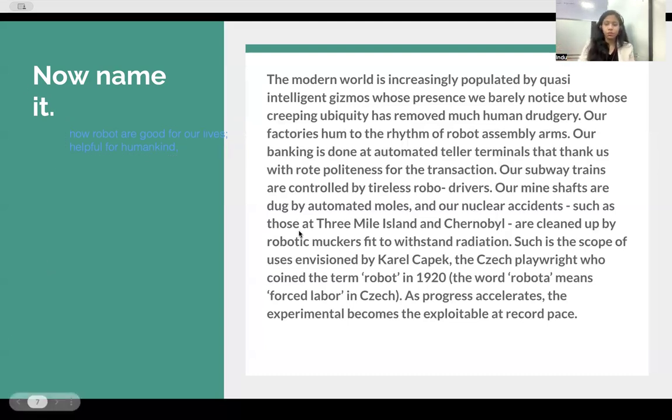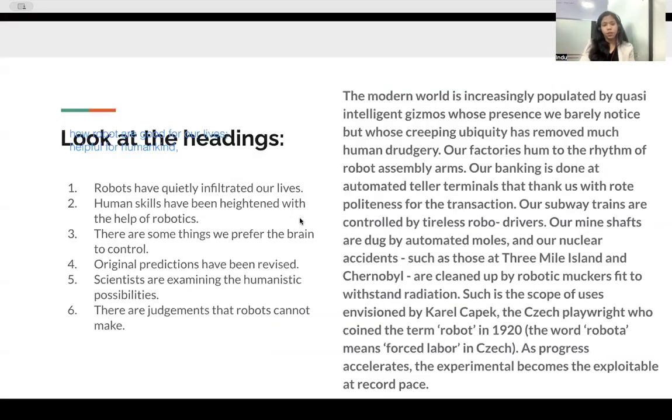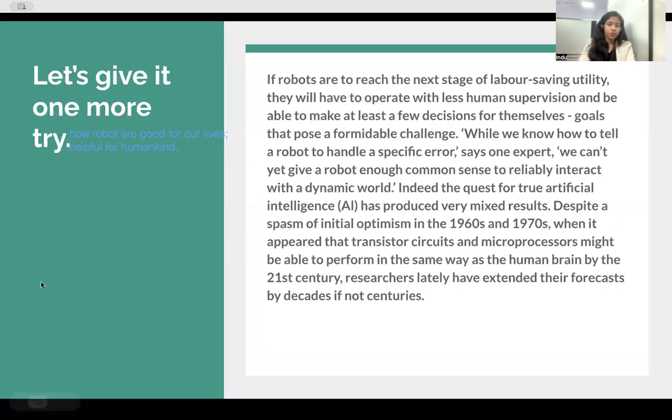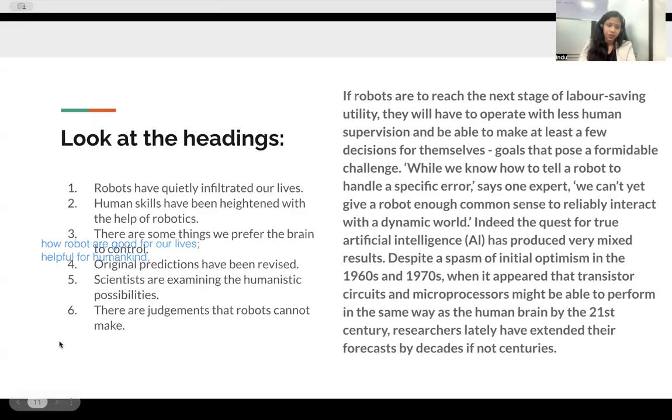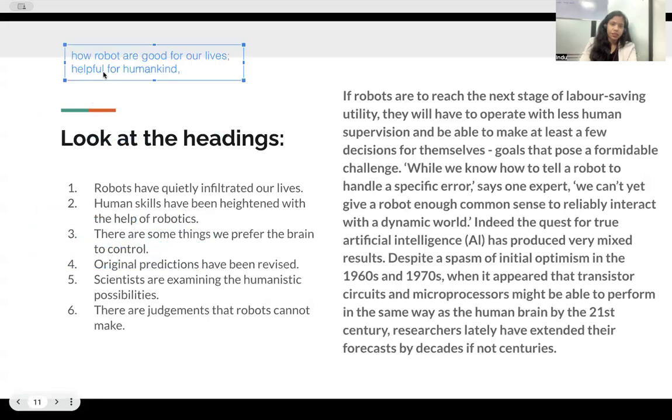Great. Now, the next thing that we do is we look at the headings. Oh, let's remove this first. So it goes here. Right.